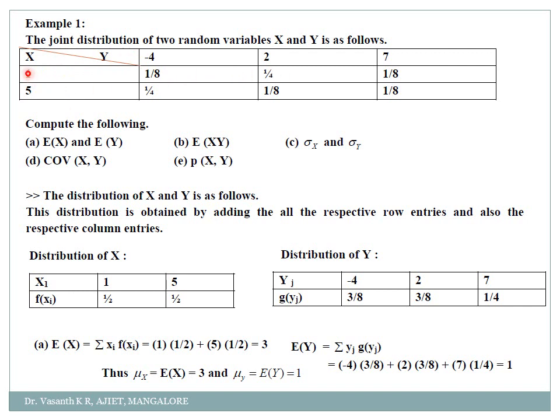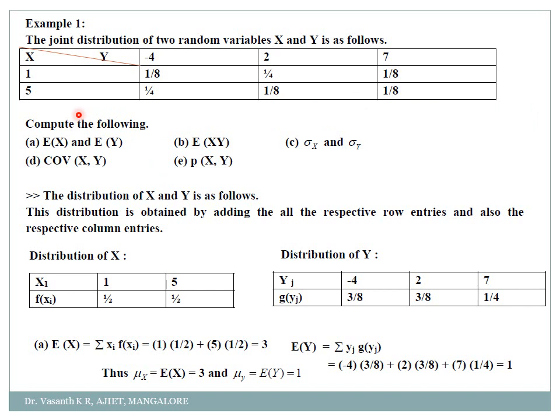Probability of 1 comma 2 is 1 by 4. Probability of 1 comma 7 is 1 by 8. First you add this and check, and write it here. Then probability of 5 and -4 is 1 by 4, 5 and 2 is 1 by 8, 5 and 7 is 1 by 8. Okay, so this is the joint probability table.